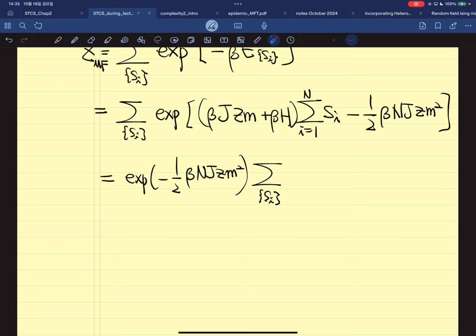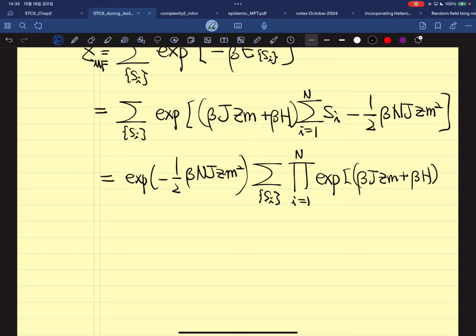So this can be recast as a product over i to n of exponential of beta J plus beta H times S_i here. So just simply making this summation inside the exponential into a product outside the exponential.